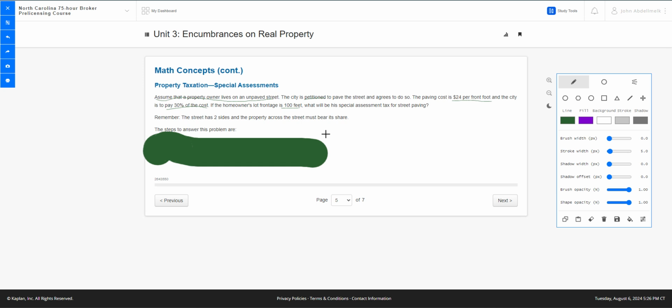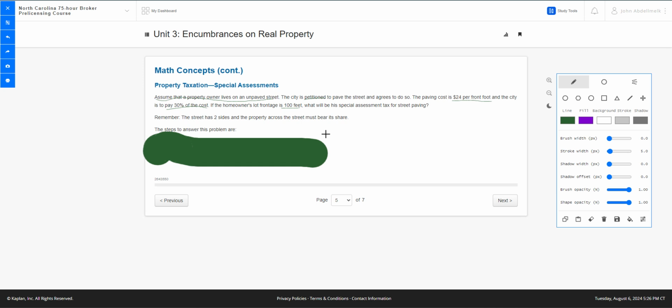So we have $24 per foot, and then we have 100 feet of lot frontage that we need to pave. So 100 times 24 equals 2,400.